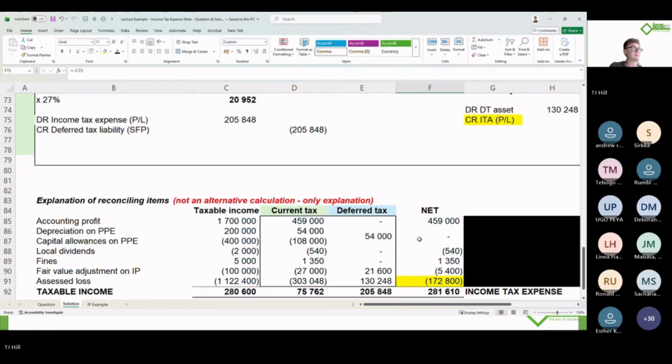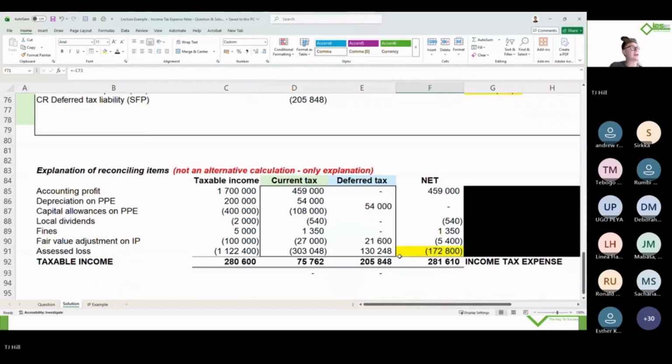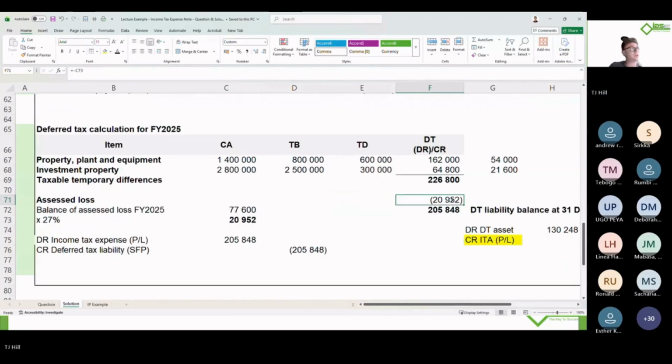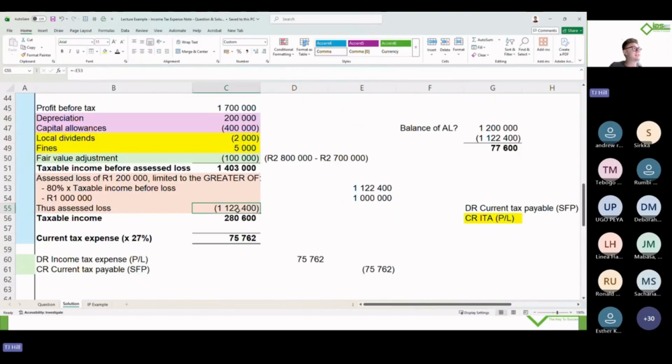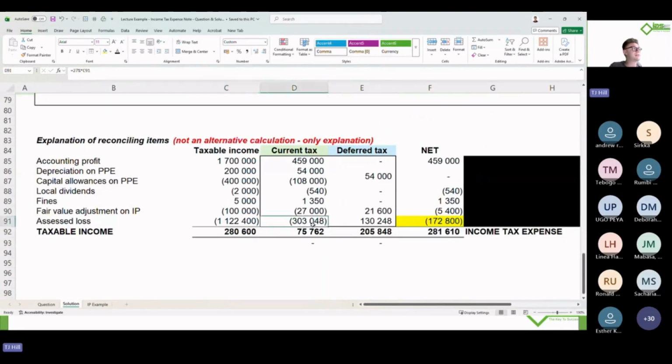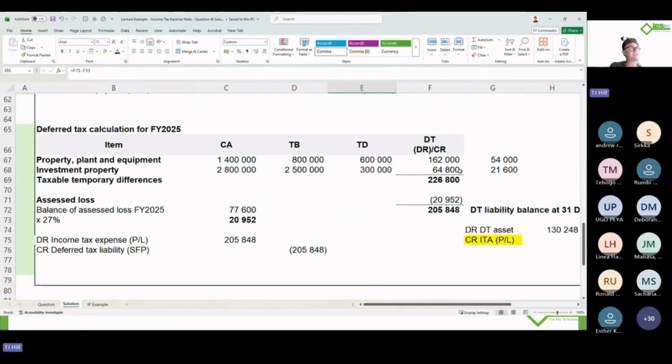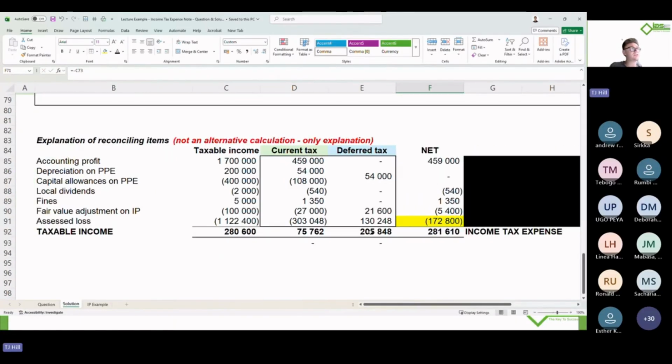Because I am actually reducing my current tax by this amount in total, and I am also reducing my deferred tax by 20952. So that is causing all of my, these are my reconciling items.